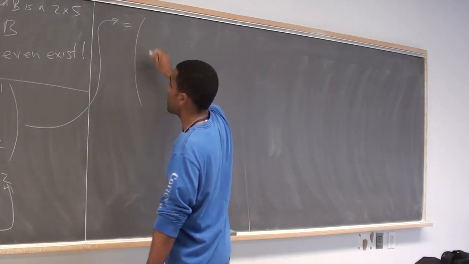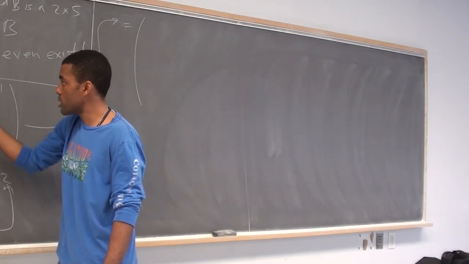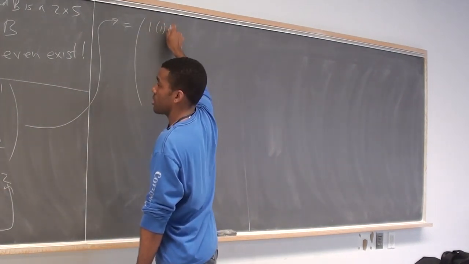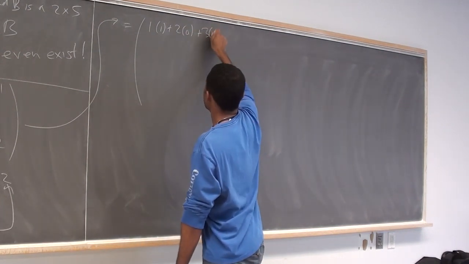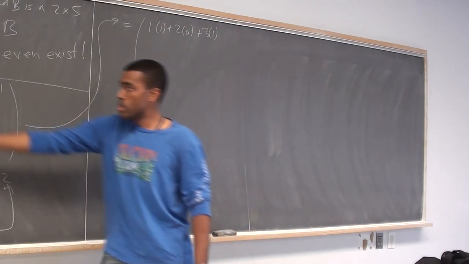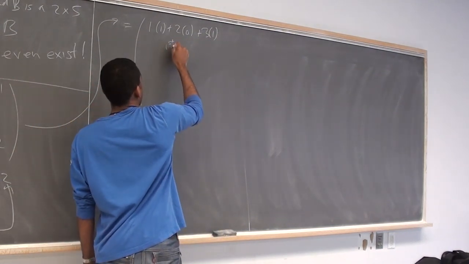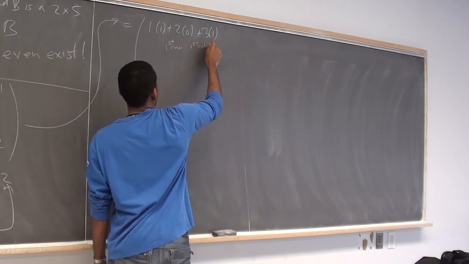Think of it like a dot product: this times this plus this times that plus this times that. 1 times 1 plus 2 times 0 plus 3 times 1. This is the first row, first column.